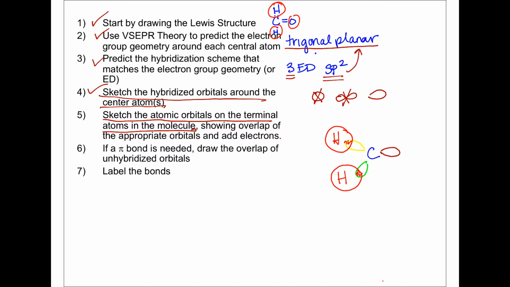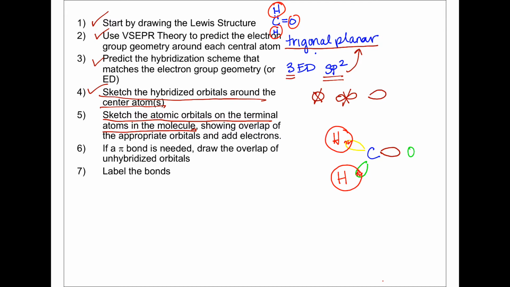Now I could have chosen any 2 of these 3 bonds to put the hydrogen in. So I could have put the hydrogen on the right side instead of the left side. It would make no difference. But I've left some room open for this left side so I can do my oxygen. Oxygen, I'll just make green here. Okay, so I'm going to draw an oxygen.